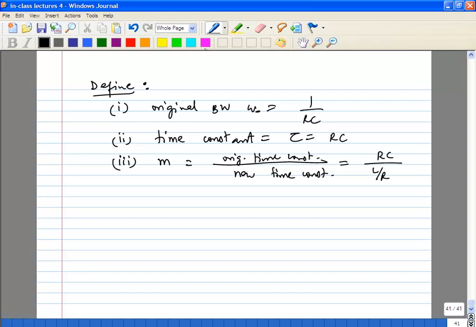And note that this is nothing but 1 over omega naught tau.